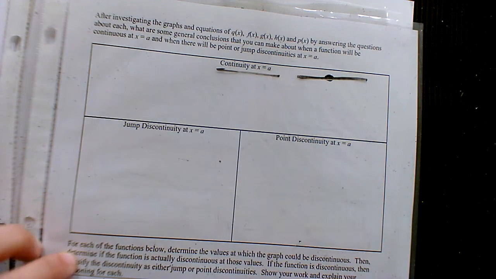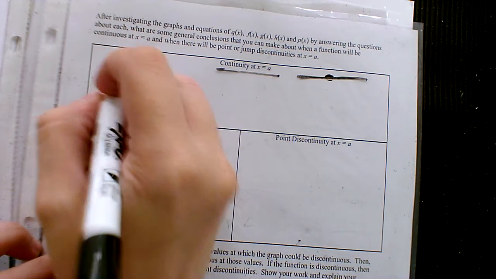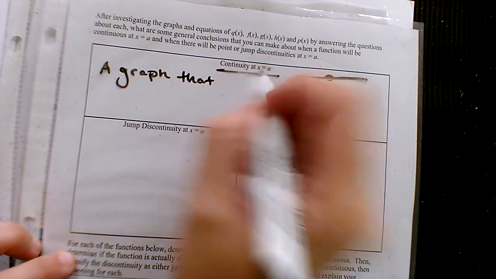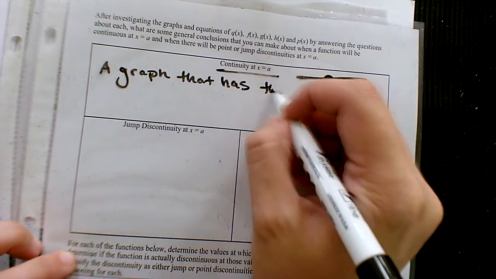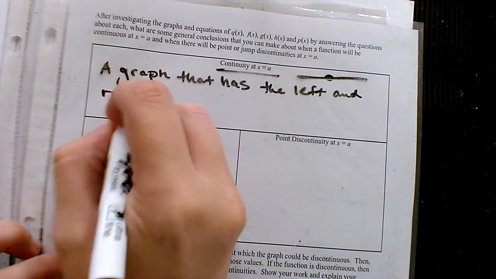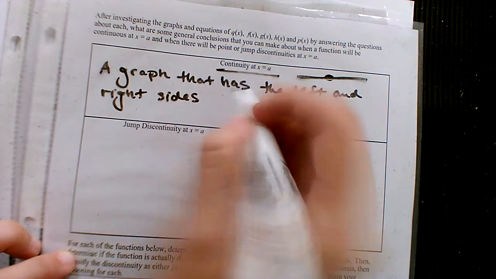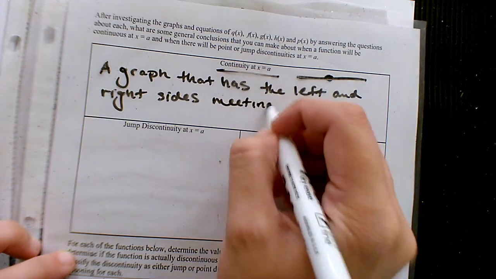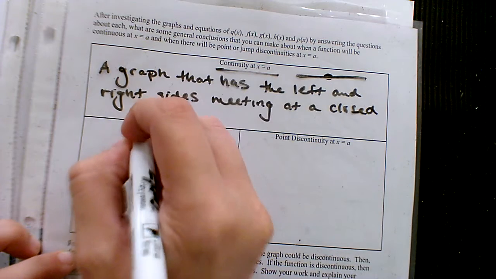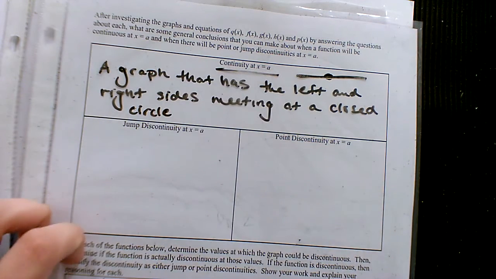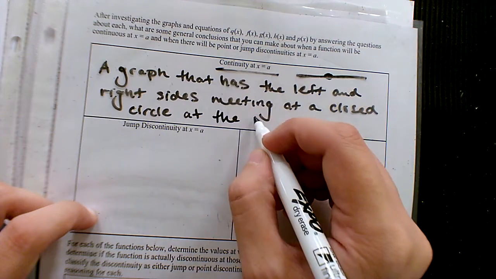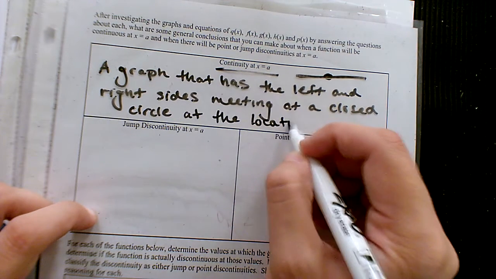So continuity we're going to describe as a graph that has the left and right sides meeting at a closed circle at the location of x equals a.